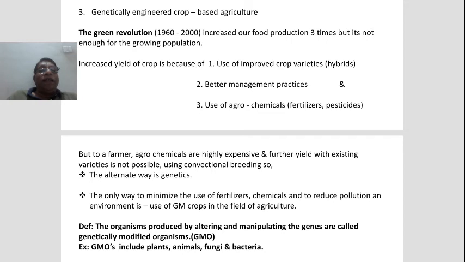The alternate way of controlling the pollution is making use of genetics of plants and animals. Genetics means the genes.